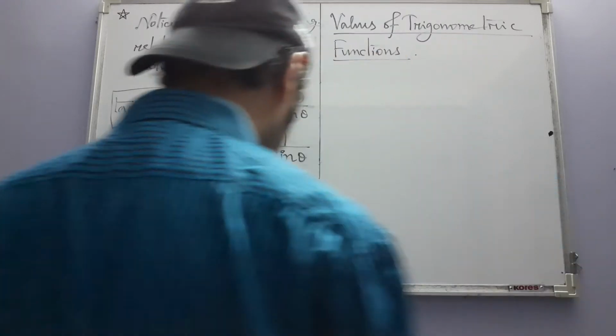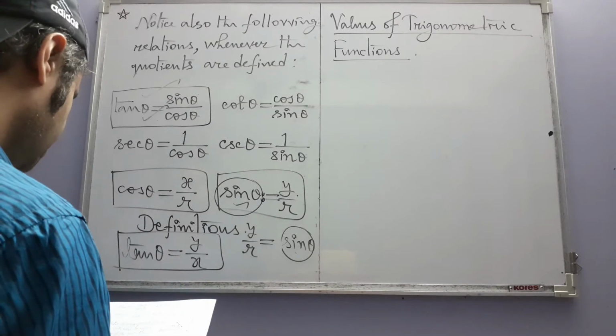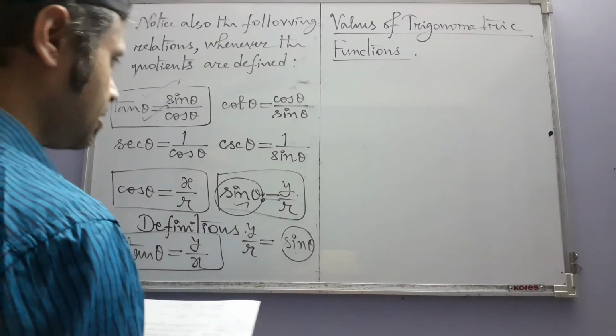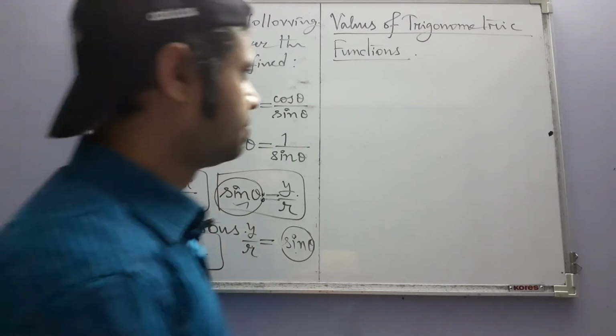Okay, so let us now come to the question of actually finding out the value. And for this one also we need a figure. So let's just draw the figure first of all.